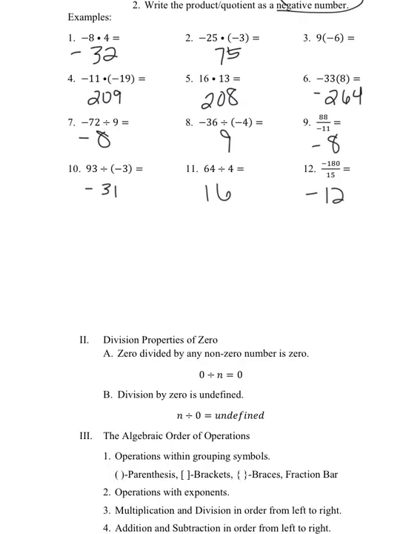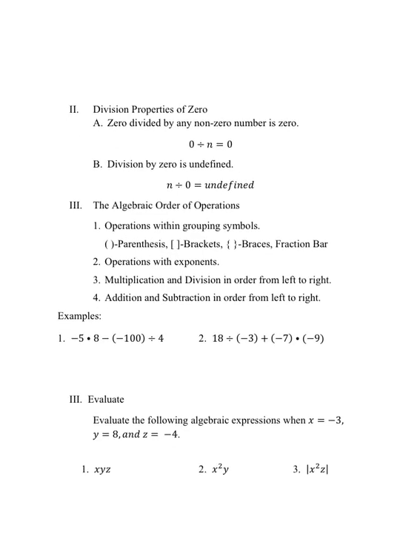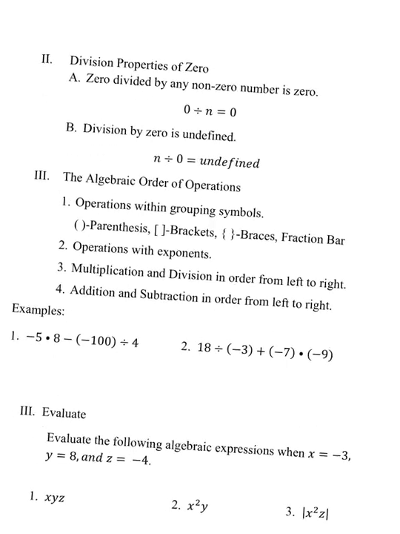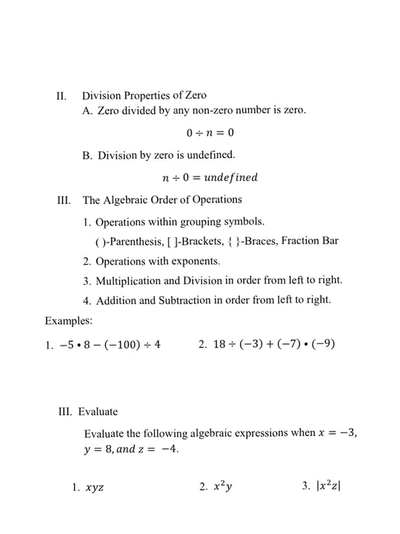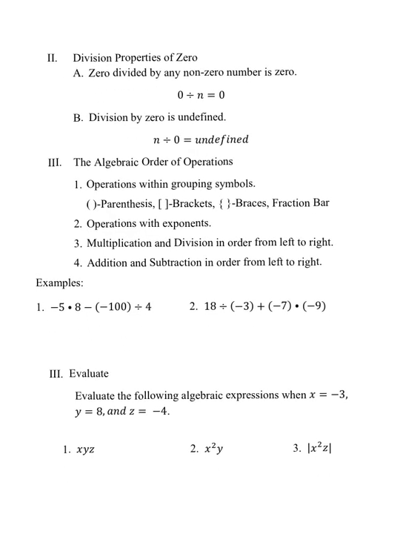So this next piece is division properties of 0. This is a very important piece in Algebra 1 and Math 8. When you take 0 and divide it by a number, you think to yourself, okay, so I'm taking 0 and I'm going to divide it into 8 groups.